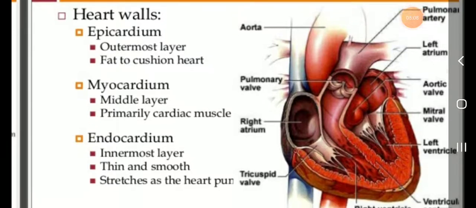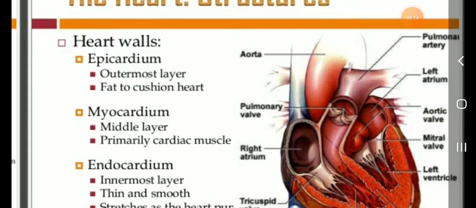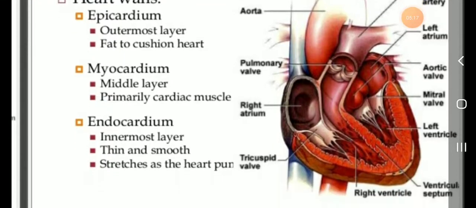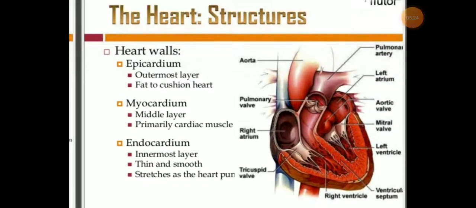See the picture, students. This is the structure of the heart: aorta, pulmonary artery, pulmonary vein, left atrium, left ventricle, right ventricle, ventricular septum, tricuspid valve, bicuspid valve.